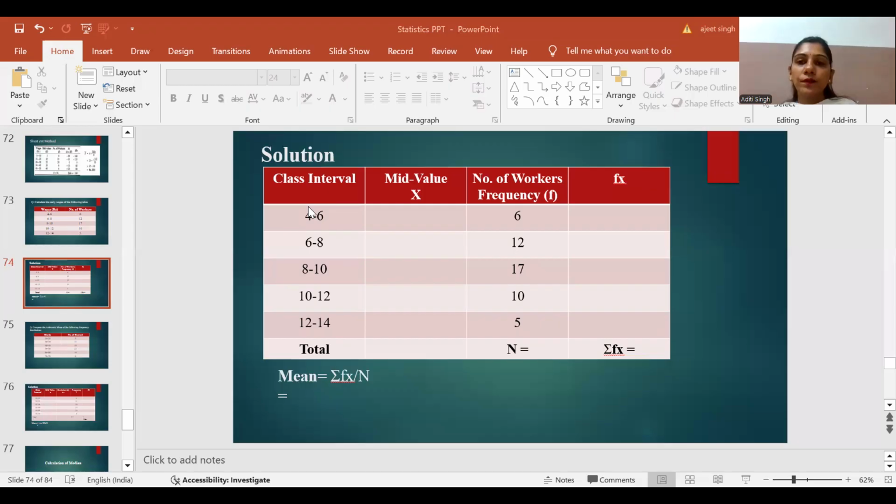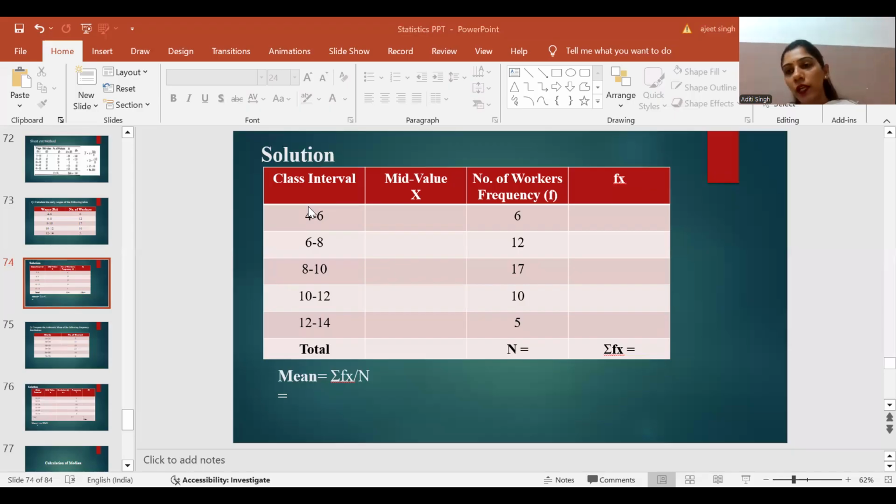Whatever method you choose for calculating the arithmetic mean, the answer will be the same. Either you choose the direct method or the shortcut method, the answer will be the same. First, for this question we will solve with the direct method.